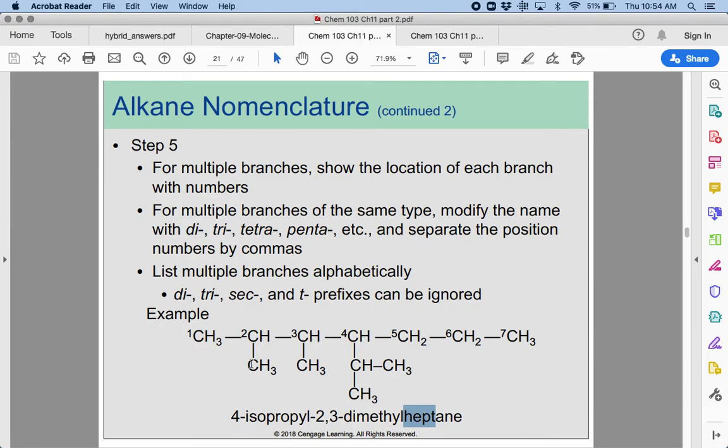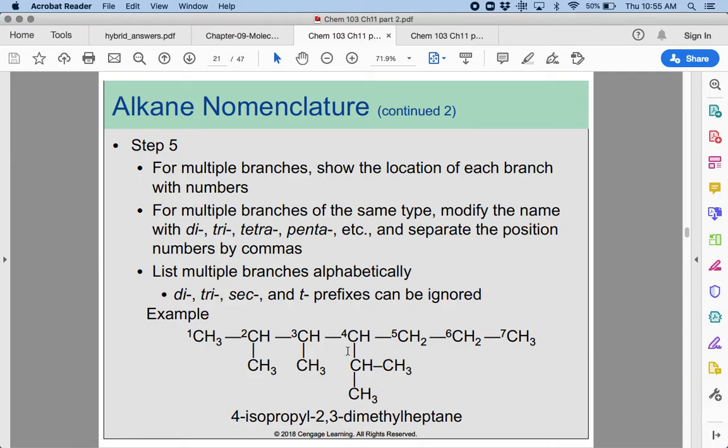So I look and I see a CH3 group and a CH3 group. So I have 2 methyl groups, which I would say is dimethyl. And then I have this CH3CH group. Hopefully you're looking at this and you're seeing that this is an isopropyl group. It's a propyl group, 1, 2, 3 carbons in an isomeric formation.